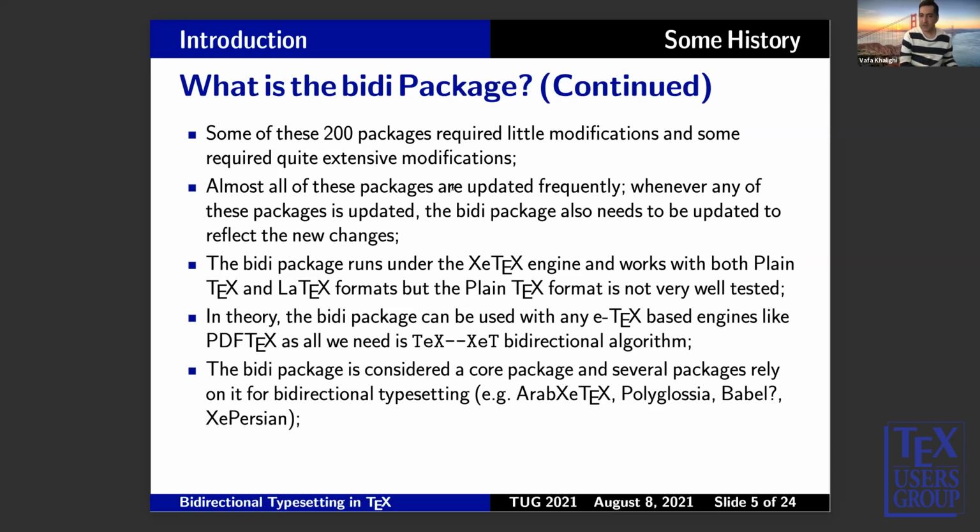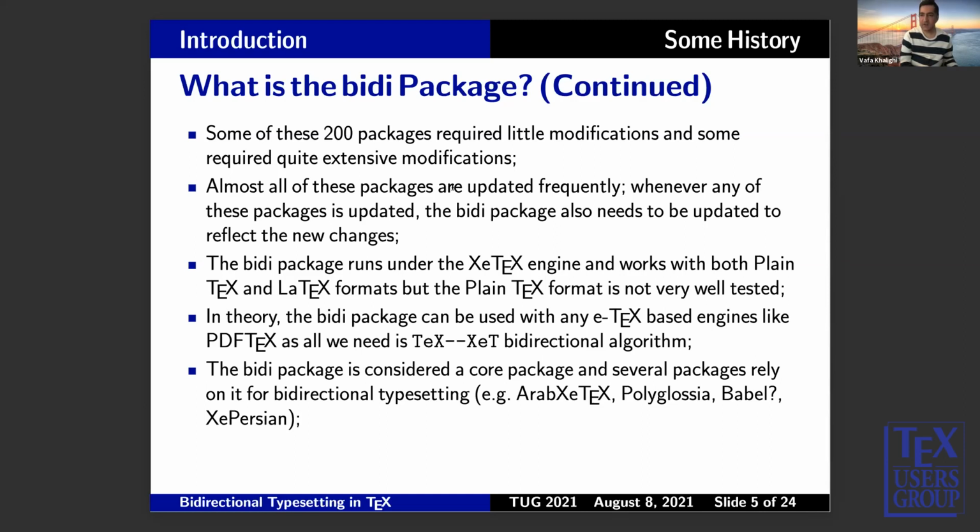The bidi package runs under the XeTeX engine and works with both plain TeX and LaTeX formats, but most of the users just use LaTeX, so there are not many people who use plain TeX with the bidi package. Since the bidi package relies on the XeTeX engine, it works with any engine that supports the TeX-XeT bidirectional algorithm, including pdfTeX.